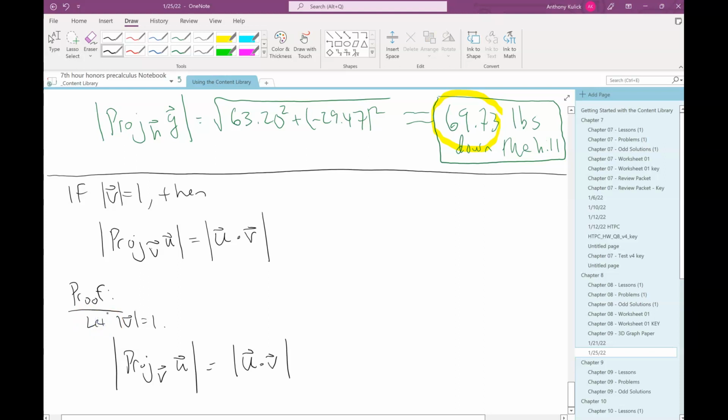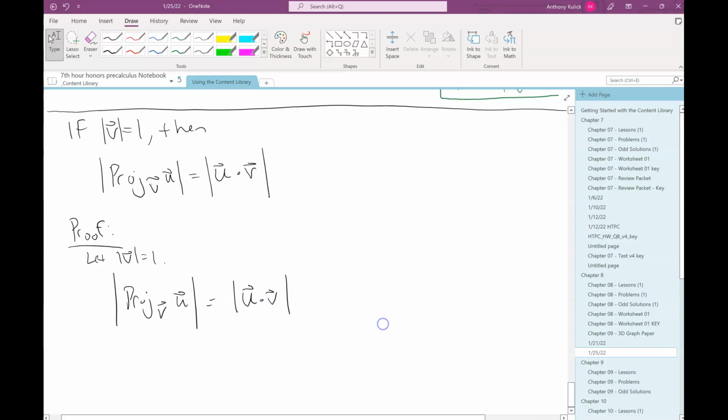Notice that the vertical bars here mean something different on each side, correct? On the left, those are magnitude, and on the right, they're absolute values. I know that's rough. So I'm going to begin my proof by just rewriting the projection as the formula.